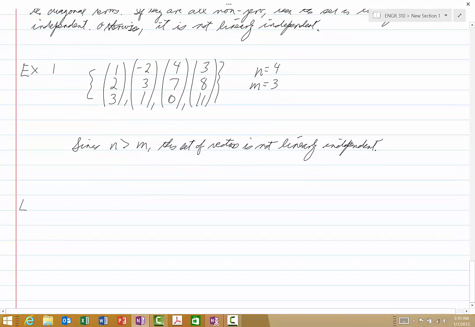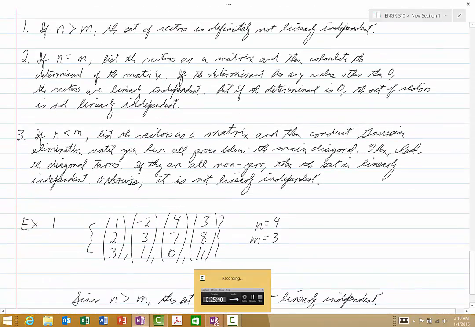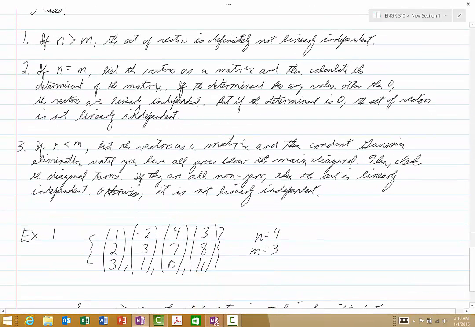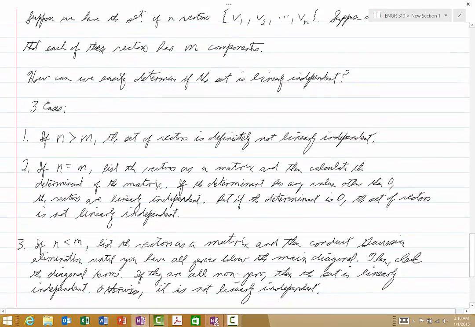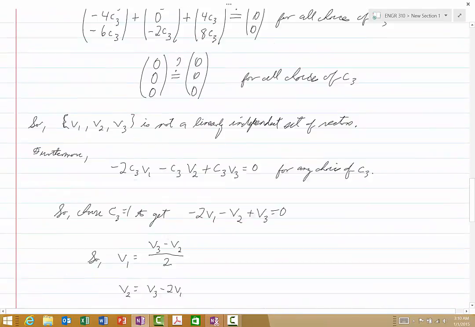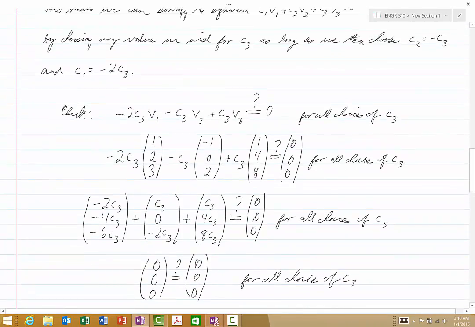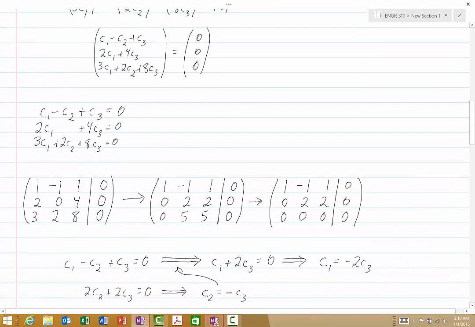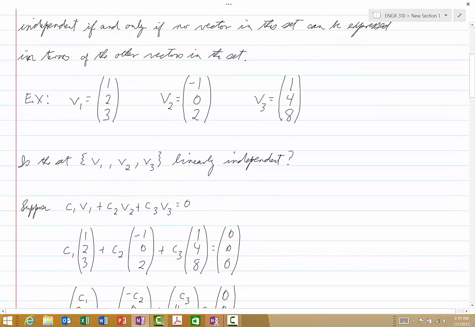Now, example 2, we want example 2 to be an example of n equals m, and actually the problem that we just did was an example, because in this example we had the 3 vectors v1, v2, and v3, and they all had 3 components. So here n is equal to m.